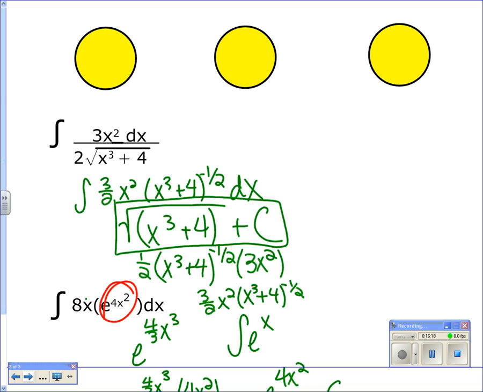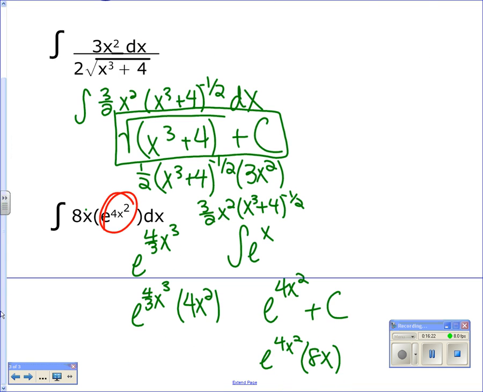Any questions on these? That's just how they refer to it. I don't know. Any questions on these? Okay.